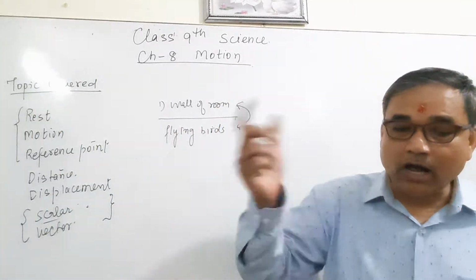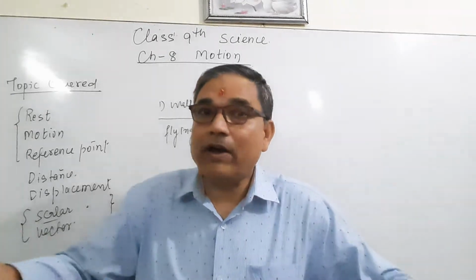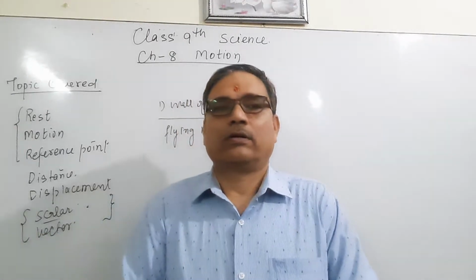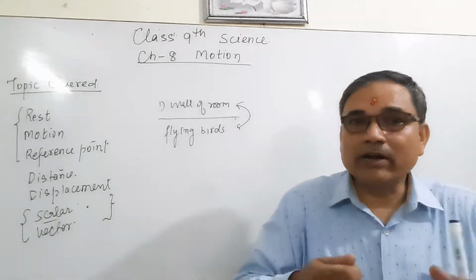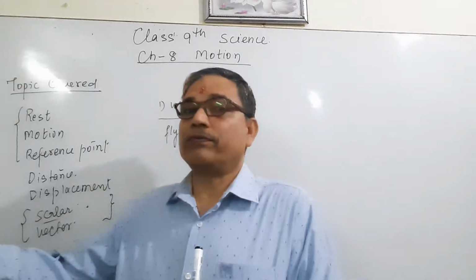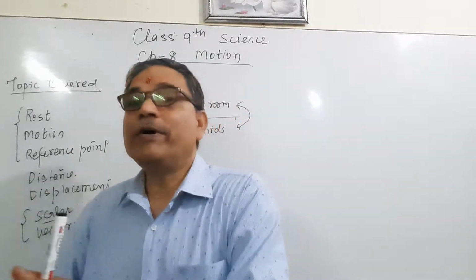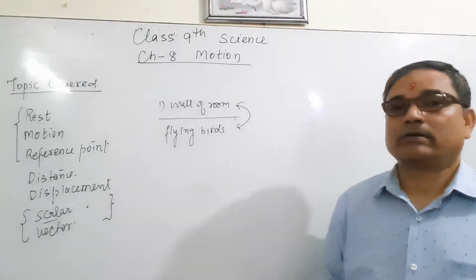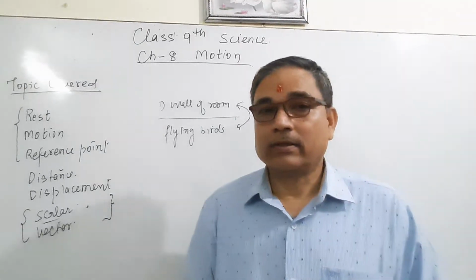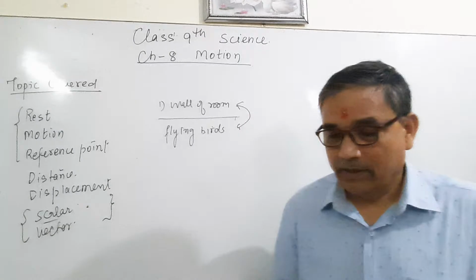But these are all indirect evidence. Air is moving, we can't see it, only we can feel it. But we can observe that air is moving by the movement of leaves or by the movement of dust.